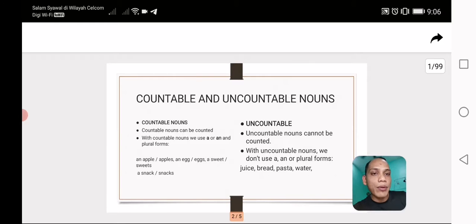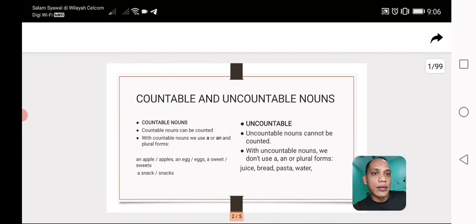Why do we use an apple? Because apple, the first sound is a vowel sound, so we have to use an apple, and the plural form for apple is apples.